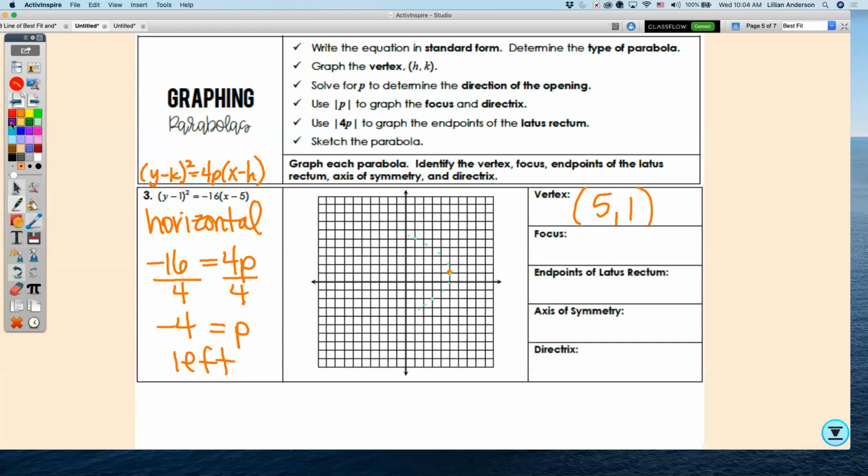So +4, that means that p is going to be 4 units on the inside away from the vertex. Since it opens to the left from my vertex, I'm going to go 4 units to the left. And so the focus is located at 1, 1.